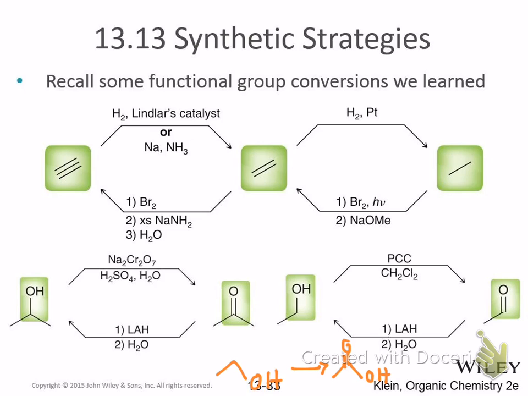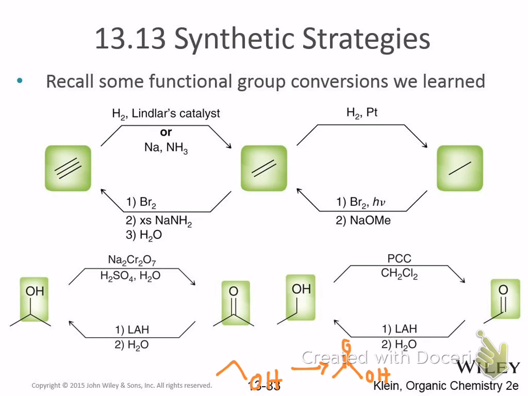So you would have, in addition to what's up there, this is PCC, and then coming back like this, this is either LAH and water, or NaBH4 in an alcohol.